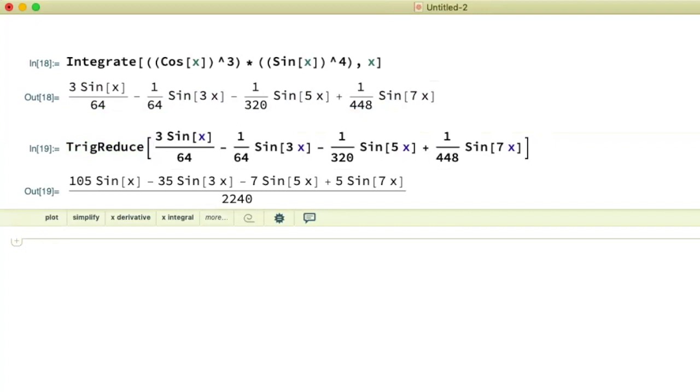Now, I thought the answer was supposed to be sine to the 5th x over 5 minus sine to the 7th x over 7. So I'm going to go ahead and type that expression inside the trig reduce function.